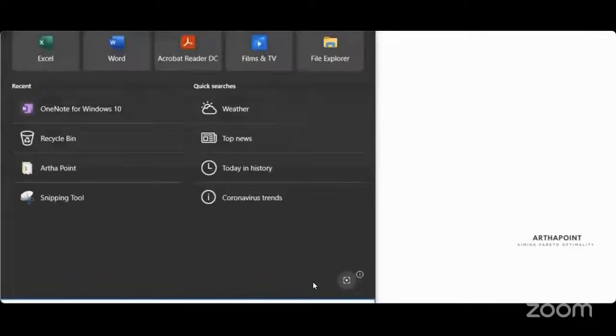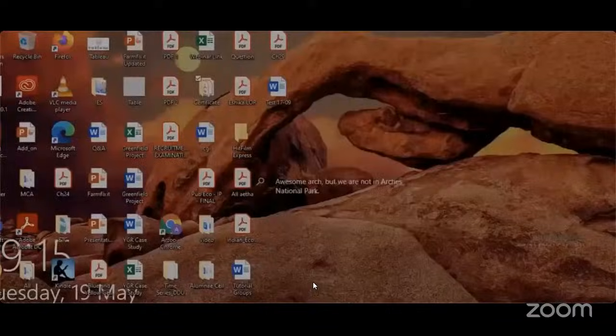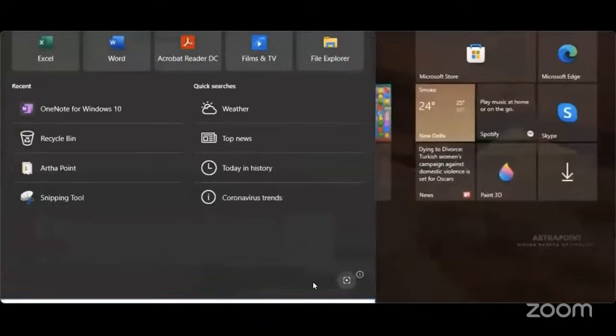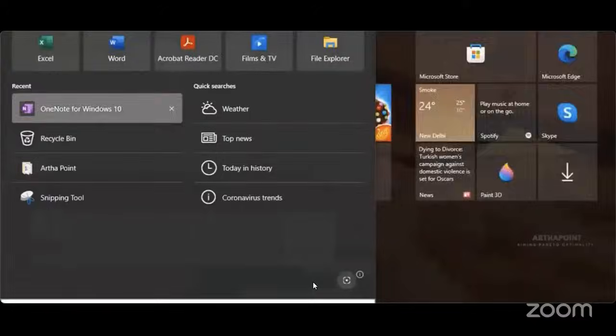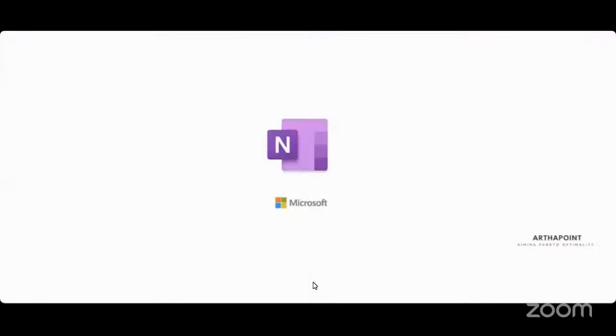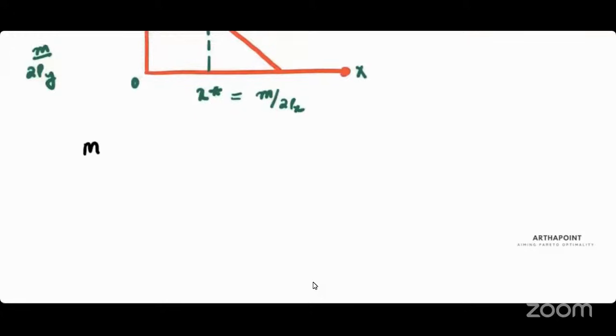Okay. Now let's go ahead and talk about the indirect utility function.